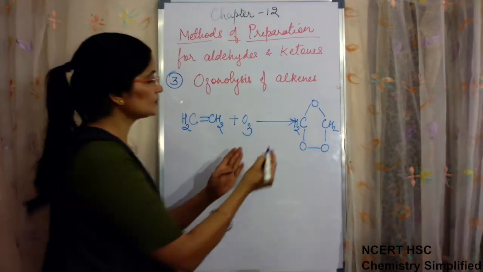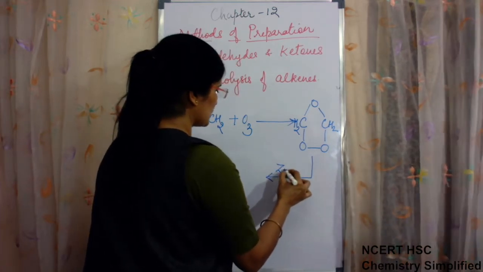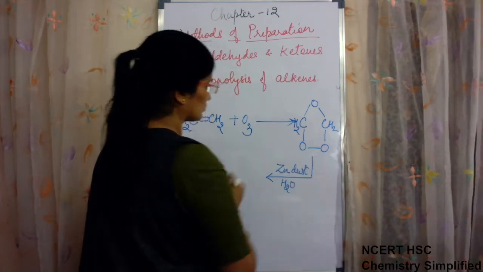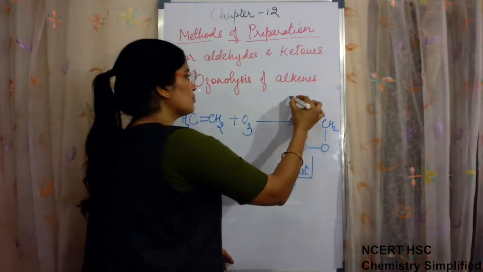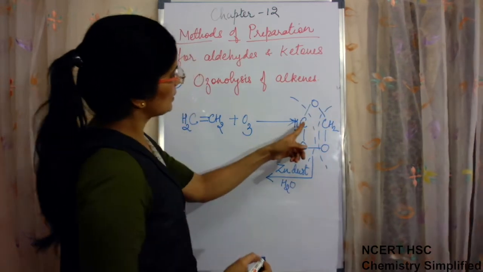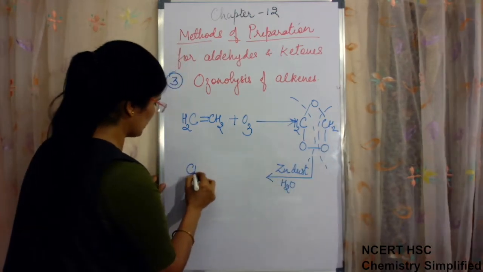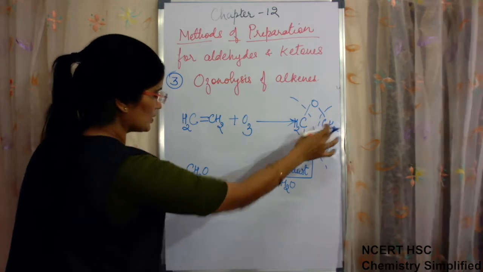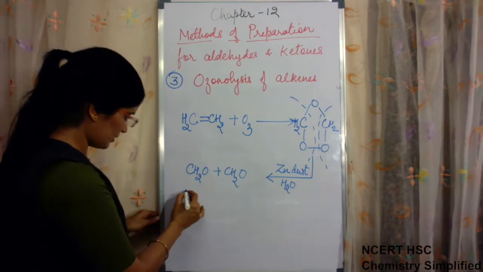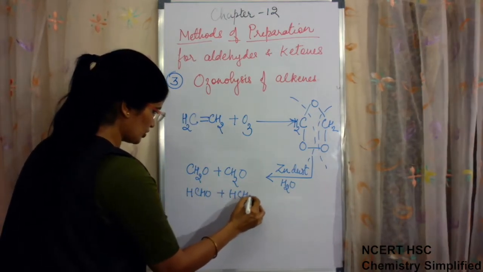Now in the next step of this reaction, zinc in presence of H2O splits the molecule in two parts. CH2O is one part, CH2O is another part. This CH2O can be rearranged as HCHO plus HCHO.